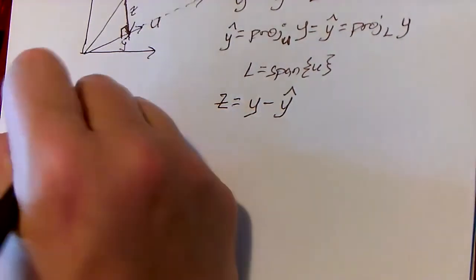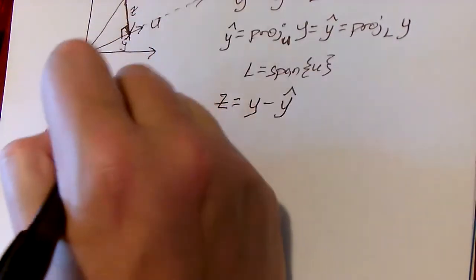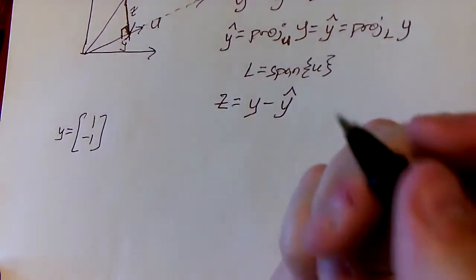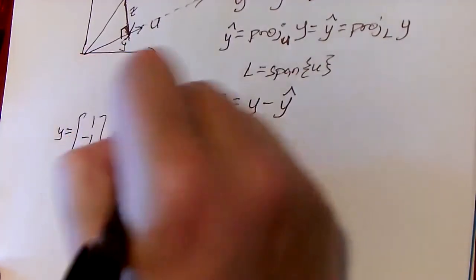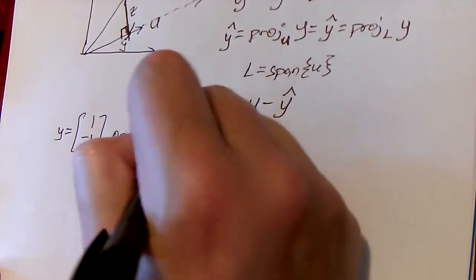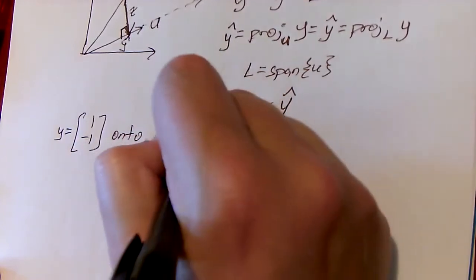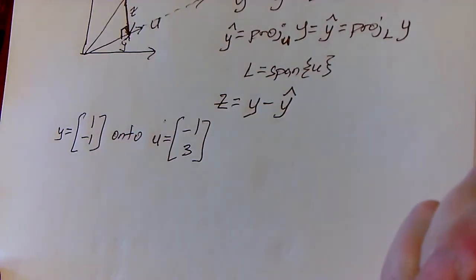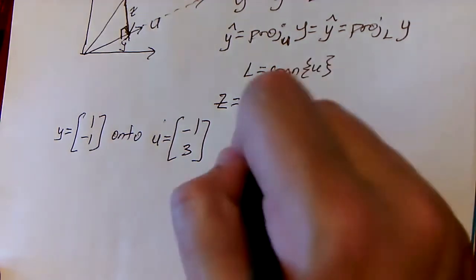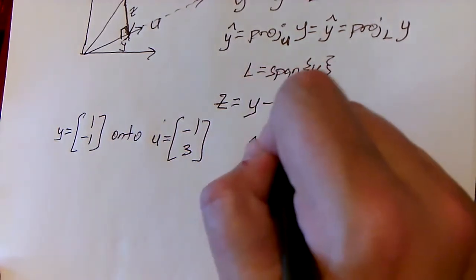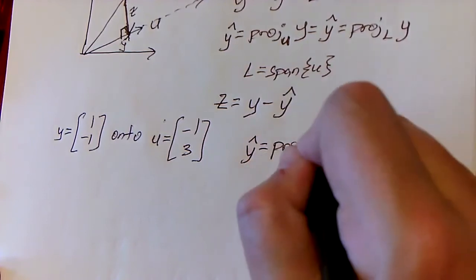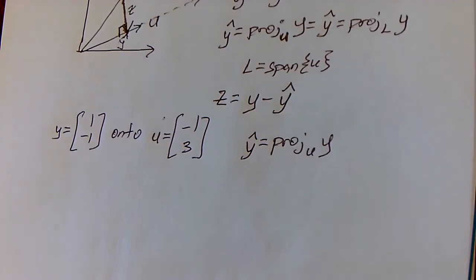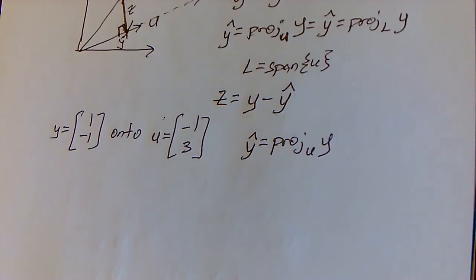So if I have a vector y, my vector y is going to be 1, -1. And I'm projecting this vector onto a u vector equal to -1, 3. So y hat is going to be equal to the projection of y onto u. Now you'll notice I've not said what that projection is.